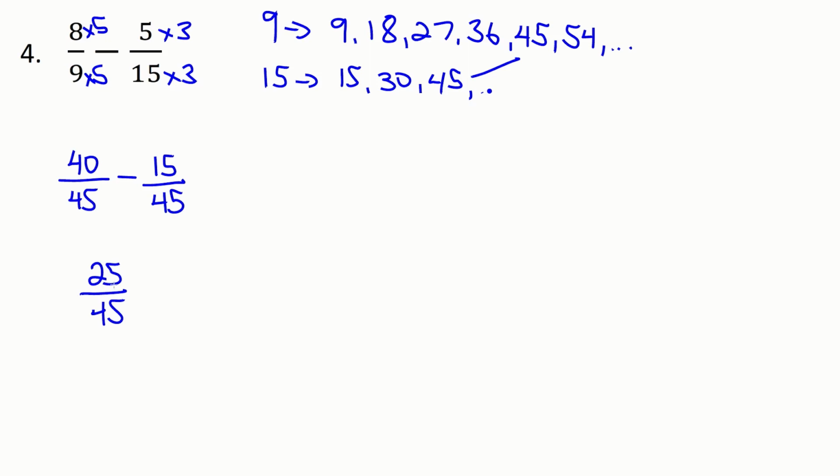And we can definitely reduce here. We can divide top and bottom by 5. So 5 divided by 5 gives us 5. So let's just write out the division by 5. And 45 divided by 5 gives us 9 again. So we have another proper fraction, and this is now reduced. 5 is prime and doesn't divide 9. So we're done.